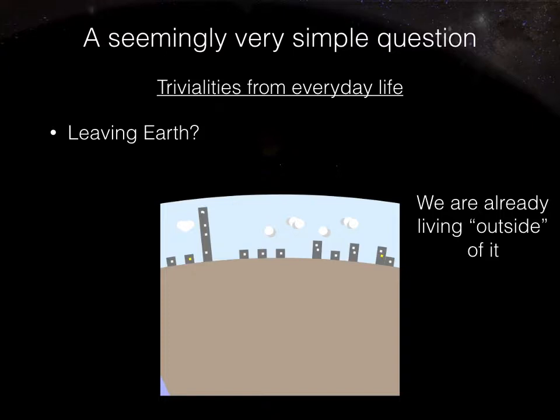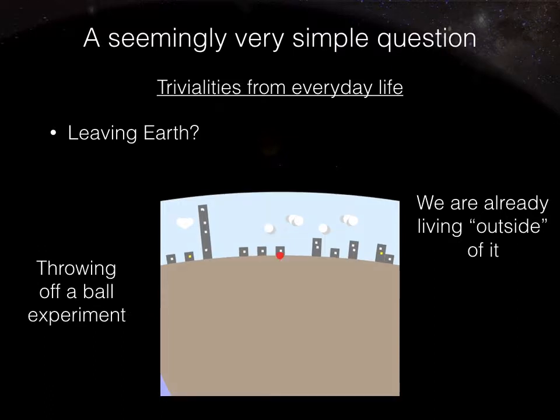Okay, so the question here is, what does it mean to actually leave? So one possibility is to say that we just need to detach from the surface of the Earth. As soon as we detach from it, we can say we have left the Earth. The issue with this particular statement is that we know by throwing, for example, a ball up and down, I mean up, and then we'll see that it goes down like this.